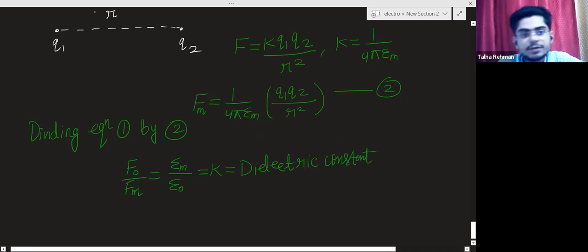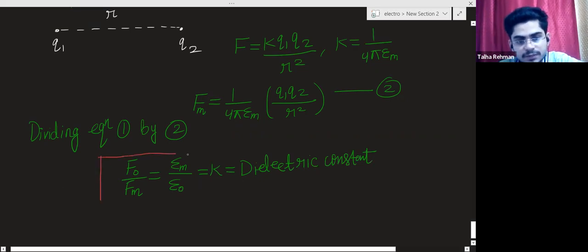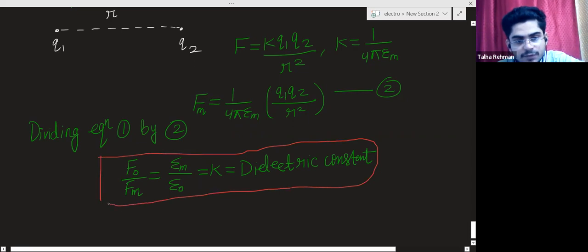So what is dielectric constant? Dielectric constant is this thing. I can define dielectric constant as the ratio of force in air to the force in medium, or as the absolute permittivity of the medium divided by the absolute permittivity of air.